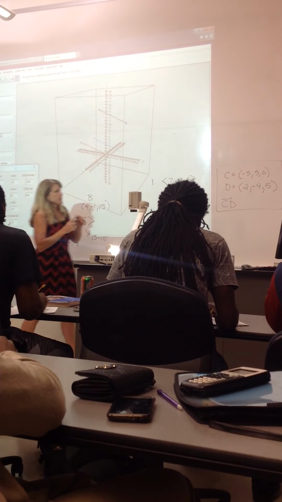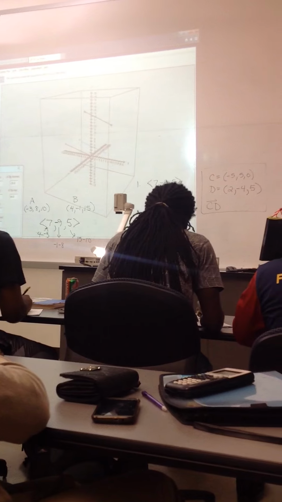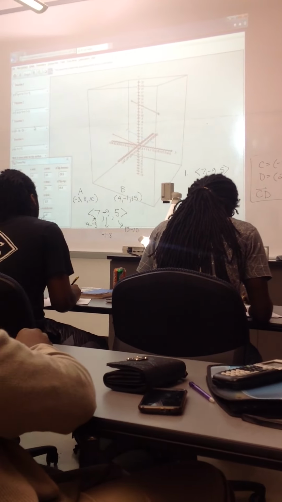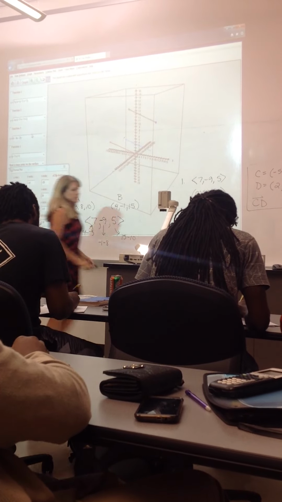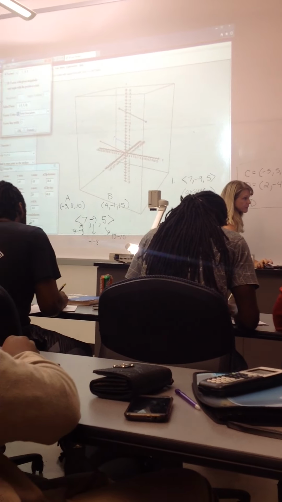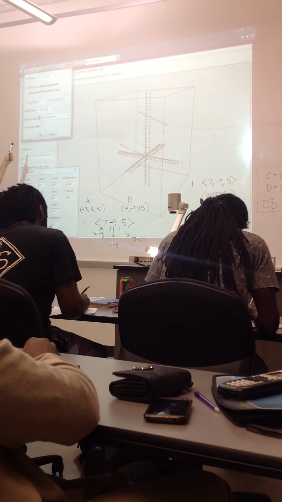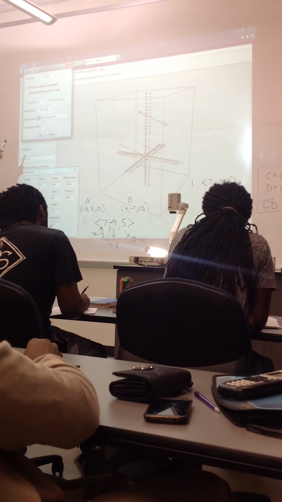If your initial point is not the origin, you have to tell somebody what your initial point is. So you either have to draw a picture and show somebody, or you have to tell them. So the second one I made up, my initial point was -5, 5, 0. My vector is still 7, -9, 5.